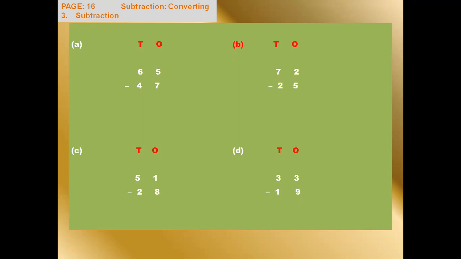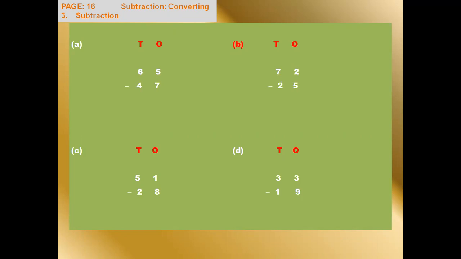Today I will do without lines, but when you do it in your book or notebook, you take help of the lines, because subtraction is difficult for you at this level without lines. You can draw lines in your book as well as in your notebook.